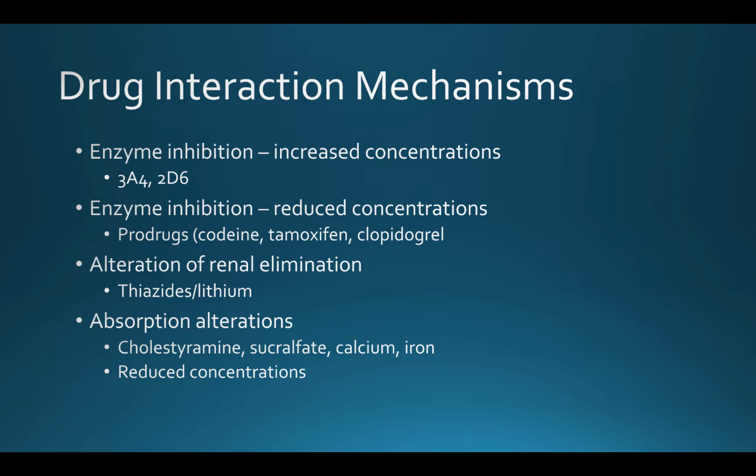These can really bind up medications and lead to reduced absorption, reduced concentrations. A couple other examples are those binding cations, calcium, iron, maybe throw in magnesium even in there, with drugs like tetracyclines, quinolones, levothyroxine maybe, again leading to reduced concentrations.